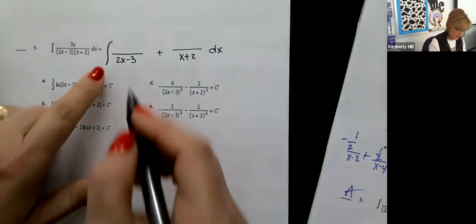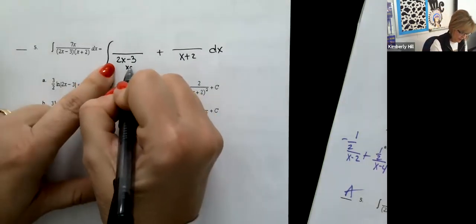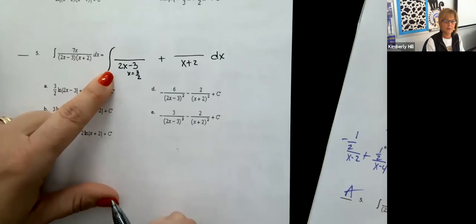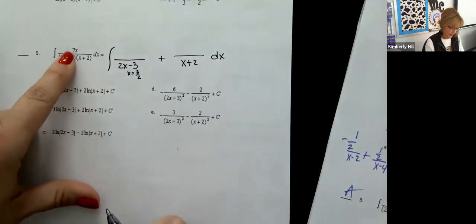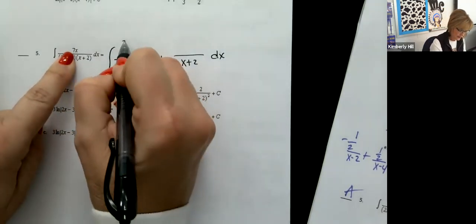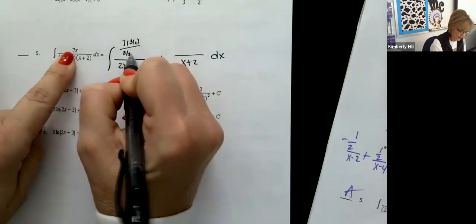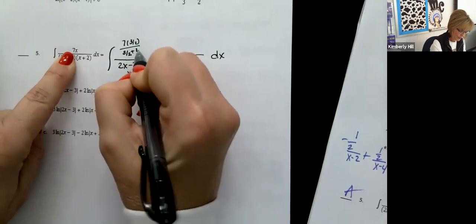So for this one, when I find the 0, it's 3/2. So I'm going to sub that in. So 7 times 3/2 over 3/2 plus 2.